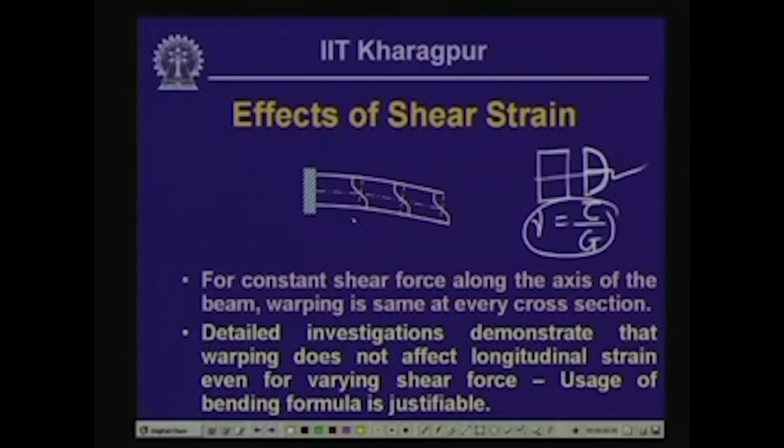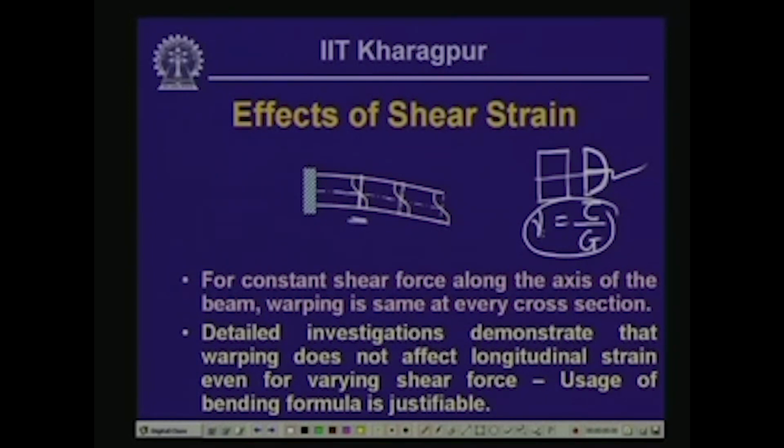Now, if we consider a cantilever beam having a rectangular cross section and subjected to loads so that everywhere you have the same shear force V, then the cross section is going to have deformation. Earlier, when we derived the bending formula, we had assumed that plane sections remain plane even after bending and become perpendicular to the axis of the beam.